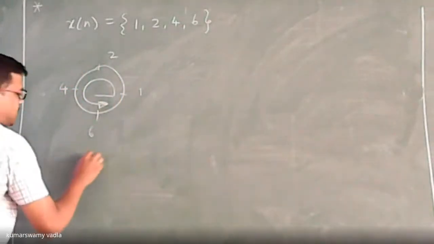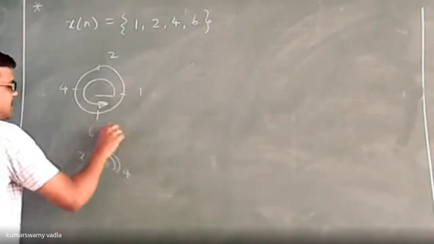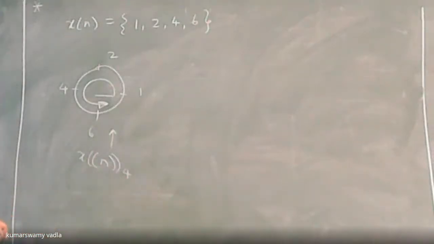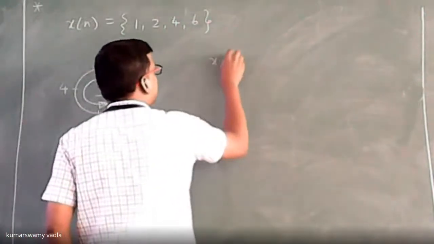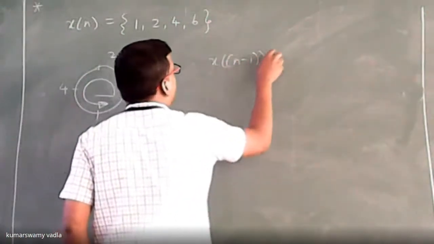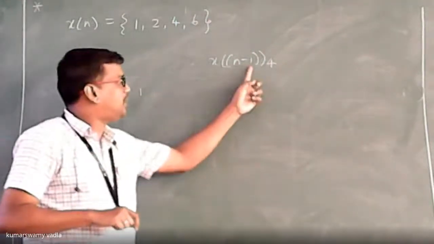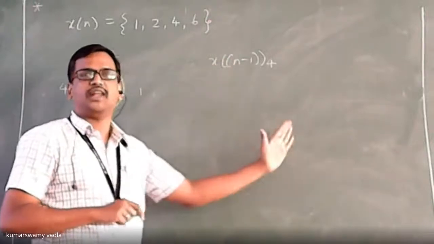This is represented as x of n of 4, meaning your sequence is a 4-point sequence. If you want x of n minus 1 of 4, you rotate one place in the anti-clockwise direction and then write the answer.